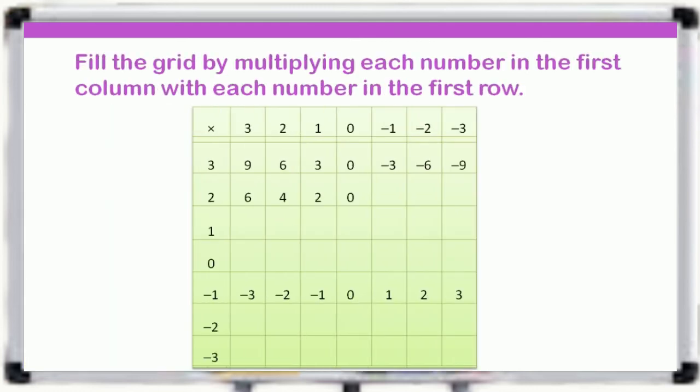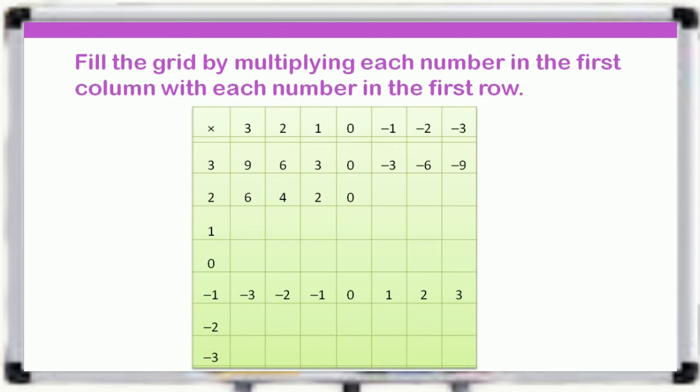Now fill this table, fill the grid by multiplying each number in the first column and each number in the first row. So in first row we have numbers 3, 2, 1, 0, minus 1, minus 2, minus 3. In first column we have numbers 3, 2, 1, 0, minus 1, minus 2, minus 3.